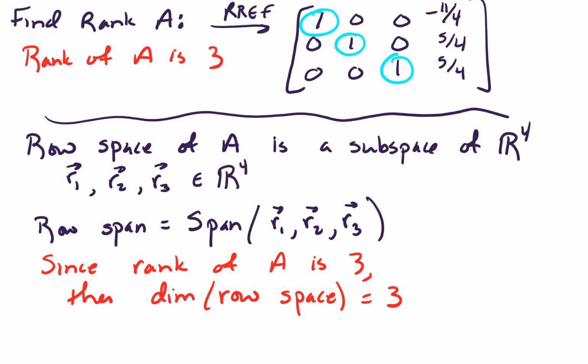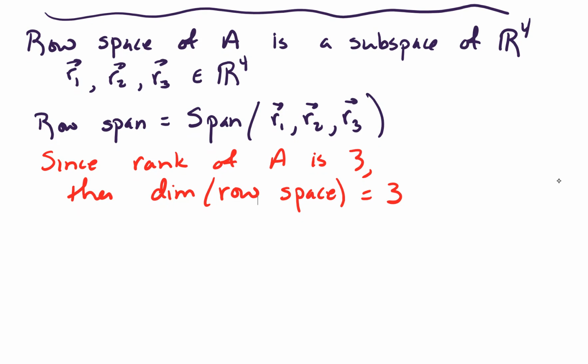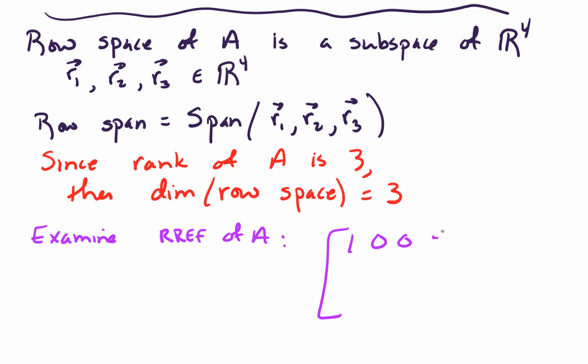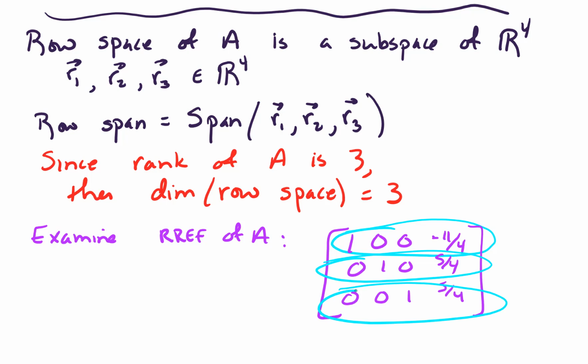If you're a little bit nervous about doing that, another way to proceed is to examine the reduced row echelon form of A. And this reduced row echelon form of A looked like the following. And so the non-zero rows of RREF of A, these 3 vectors form a basis for the row space.